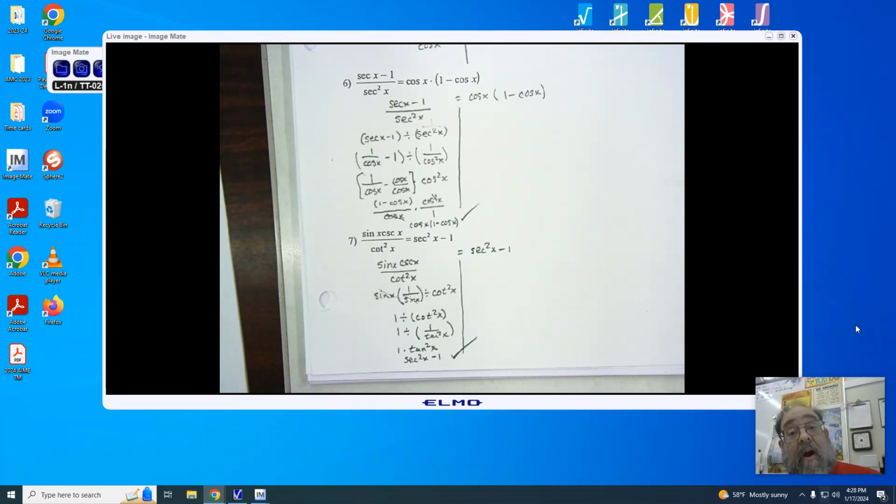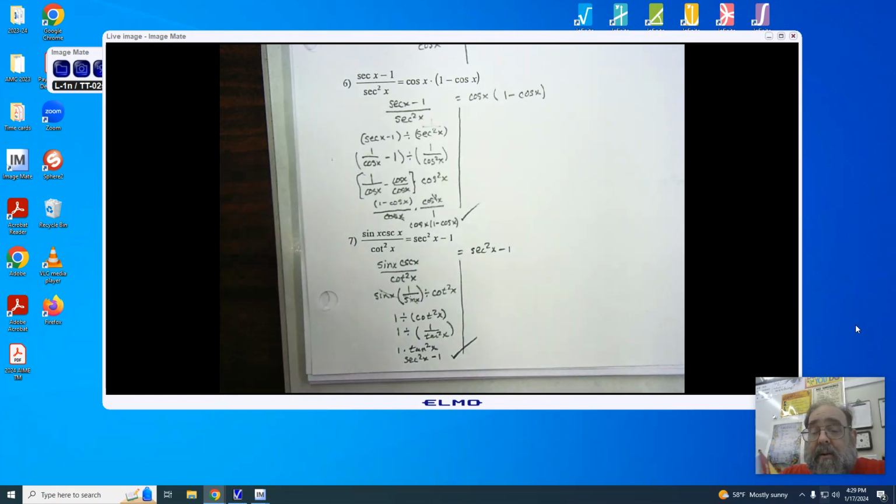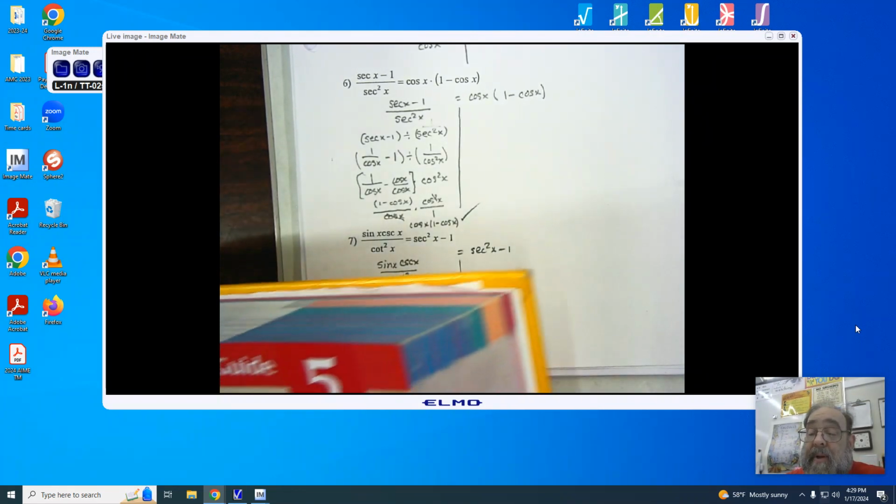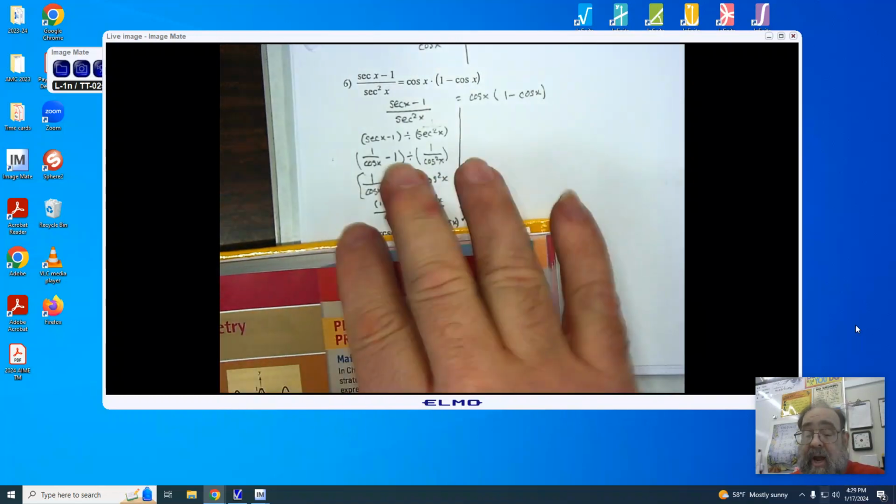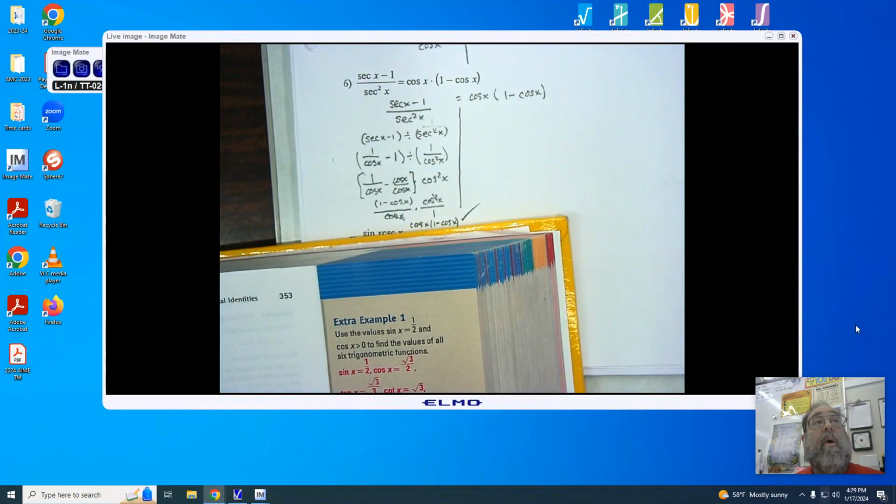Alrighty, this was verifying trigonometric identities, and I hope this made sense for you. Please remember, if you had any part of this that you struggled with, it is most likely an issue of your memory of the identities that are expected to be known. Okay? Now, if you'd like to remind yourself what those particular identities are, I would be more than happy to show you the beginning of chapter 5 where they are all located.